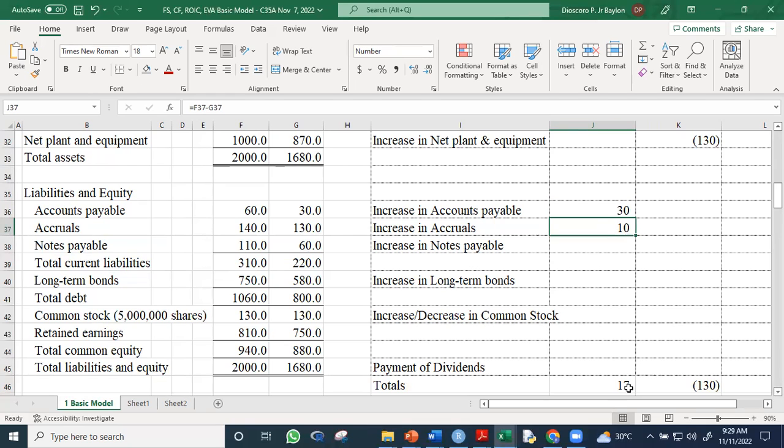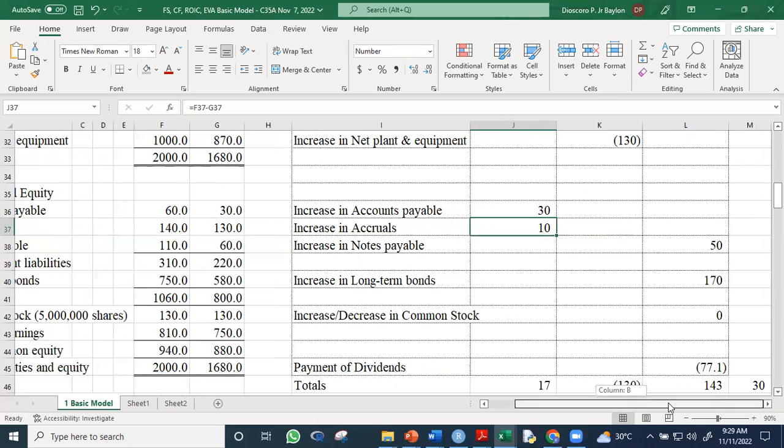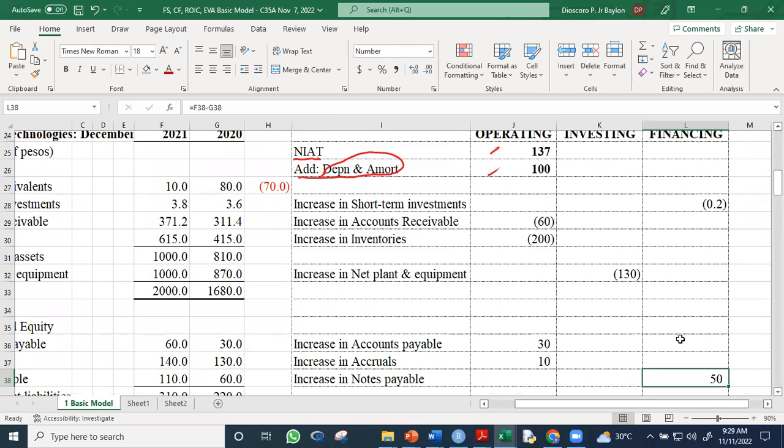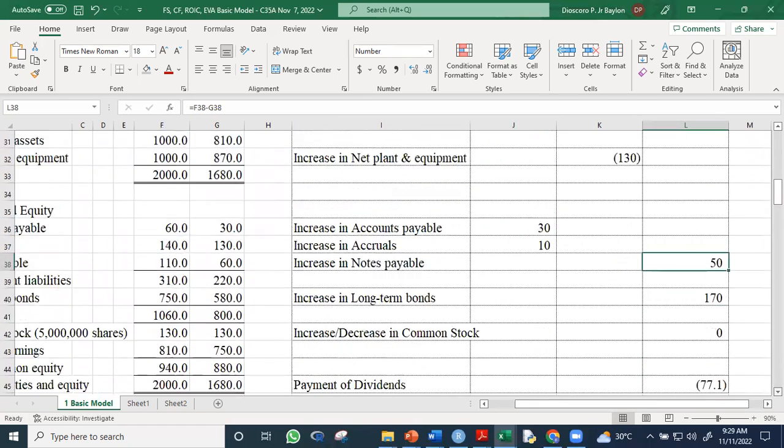Notes payable, since it's interest bearing, will fall under financing activity. And since it increased from 60 to 110, then this is a source of cash. Same thing with long-term bonds from 580 to 750, an interest-bearing instrument.